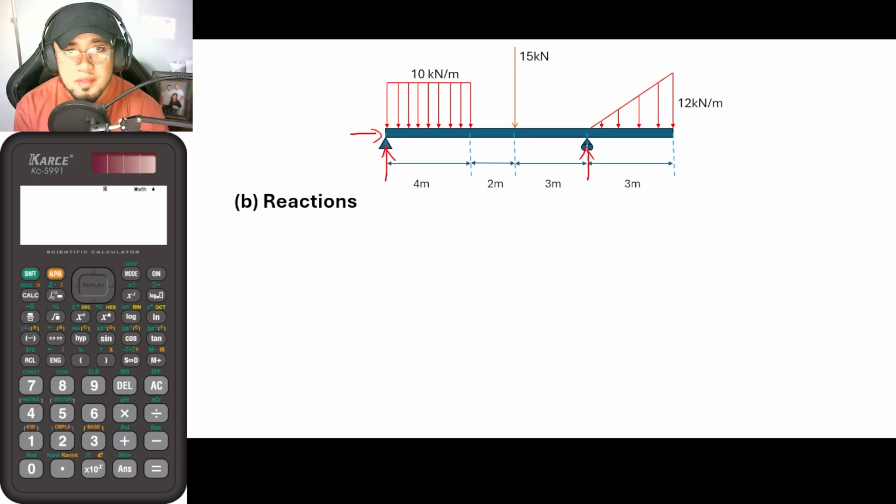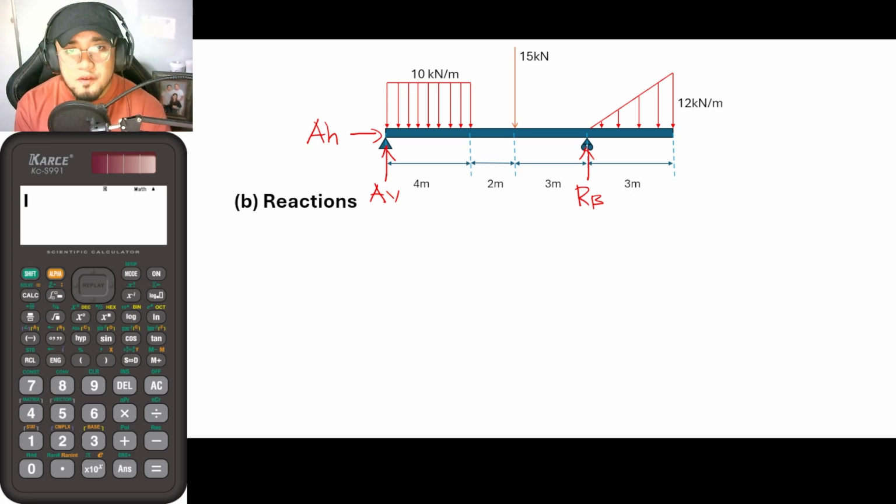So I will name this AH, or the horizontal component of the support at A, and I will name this AV, and that would be the vertical component of this support here. And as for this point, I will name it point B, and for its reaction, I will name it RB. Okay?